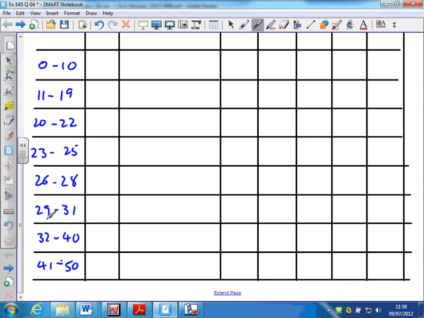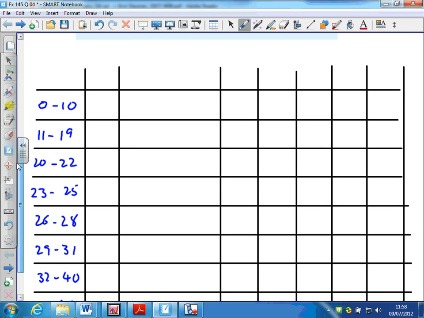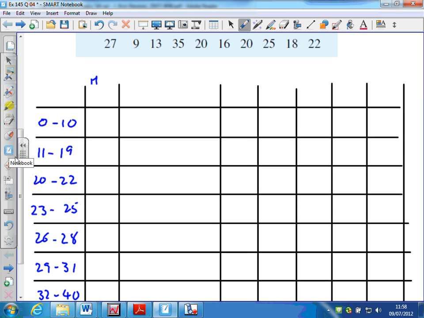But I've chosen these so that the midpoints, so if we let the next column represent the midpoint, and I'm going to need that for the frequency polygon, it's a nice whole number. So 0 to 10, midpoint is 5, 11 to 19, the midpoint is 15, 20 to 22, 21, and so on.